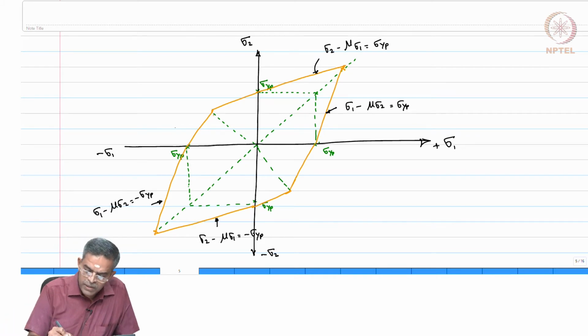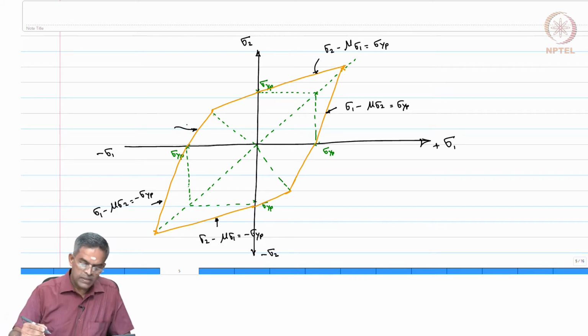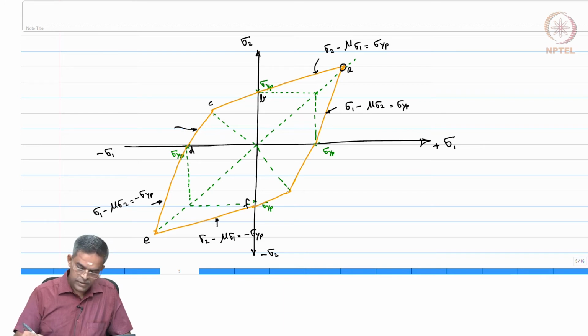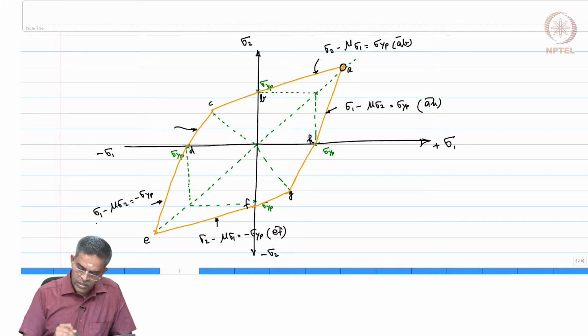Let us talk about this particular line. Let us say we will divide this line as A, B, C, D, E, F, G and H. So, this equation is for AH, this equation is for AB, this equation is for EF, this equation is for ED.